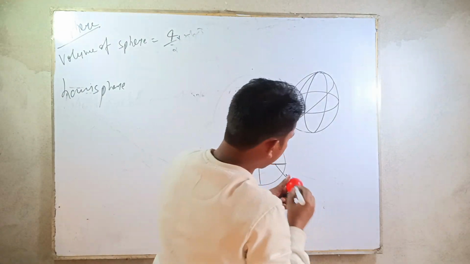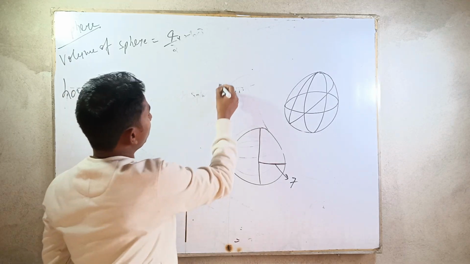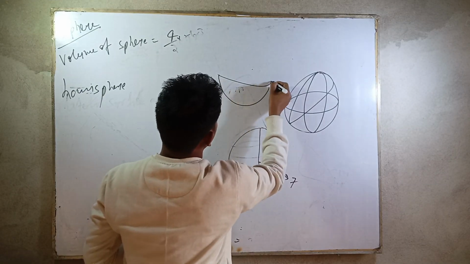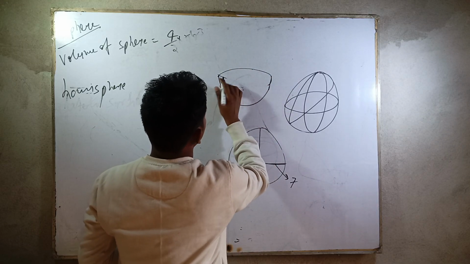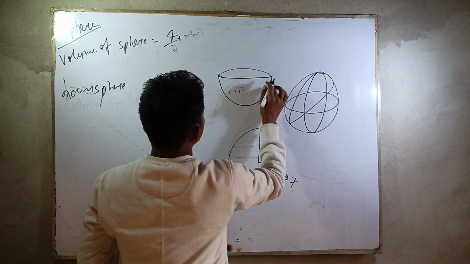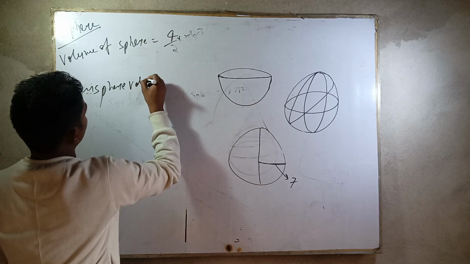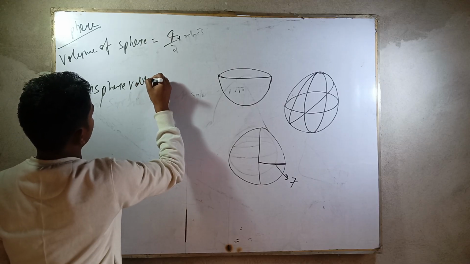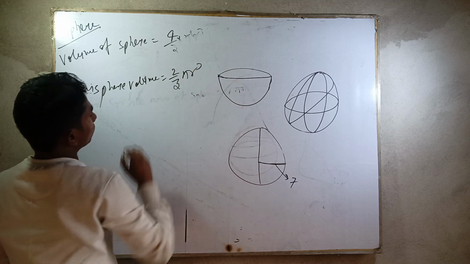Suppose I cut this ball in half, then it will look like this. The hemisphere volume is equal to 2 by 3 pi r cube.